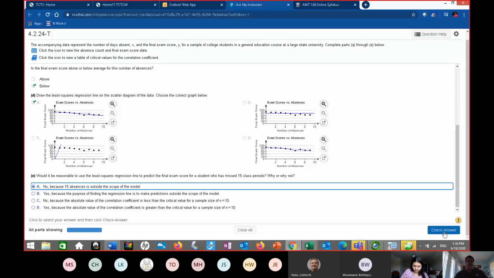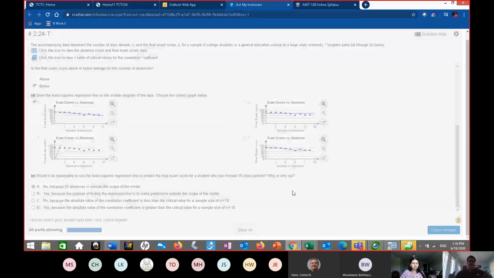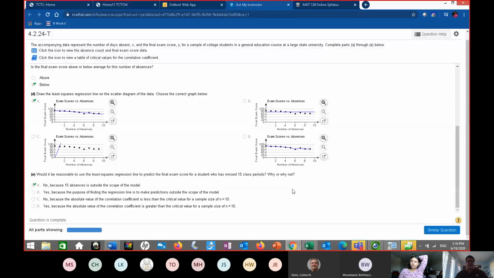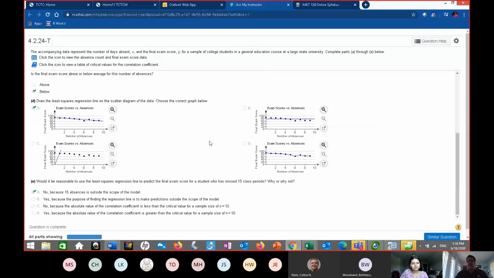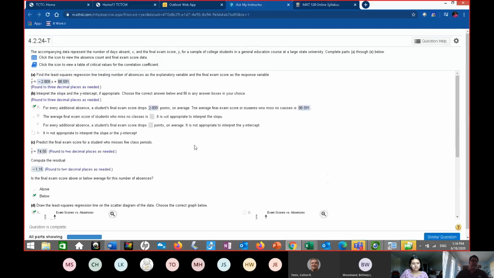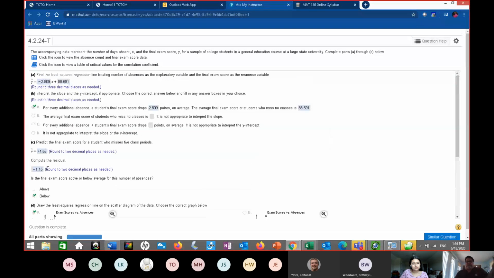Now, is this a test question? Yes and no. Meaning one test question on the test? No. I would not give you a test question with A through Z. But are all of these good test questions? Yes. The only one I don't care about is the residual, because that just tells you the difference between the two values. But the rest of it, good test questions.